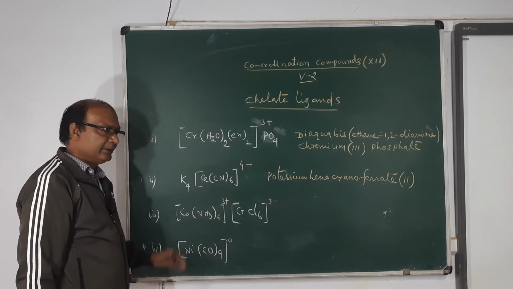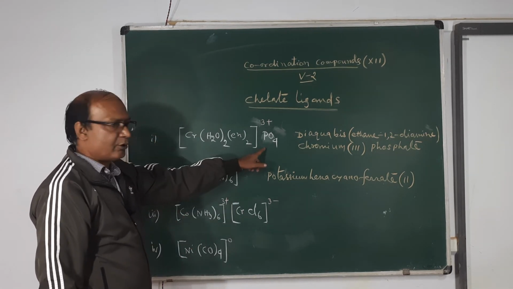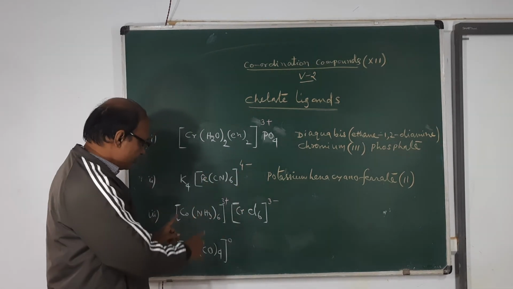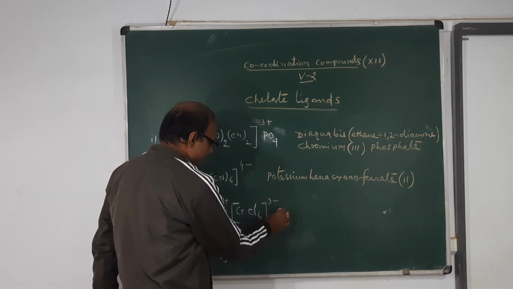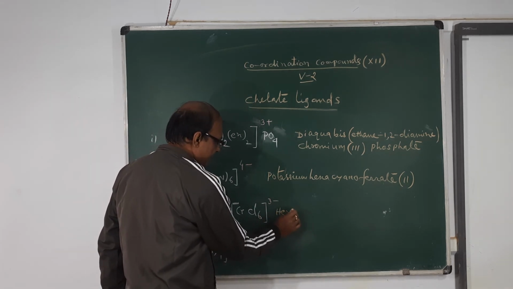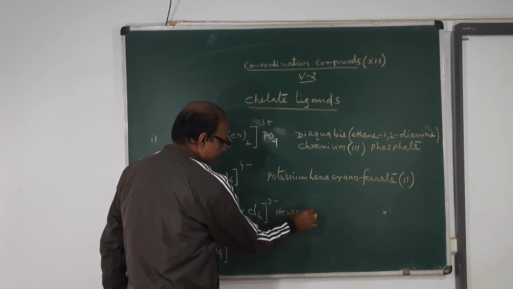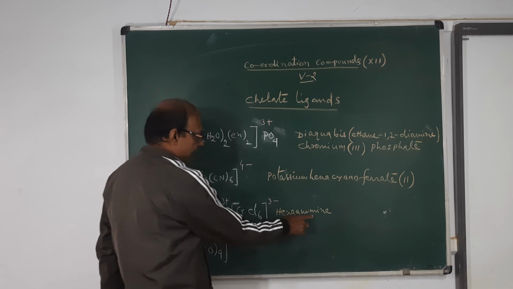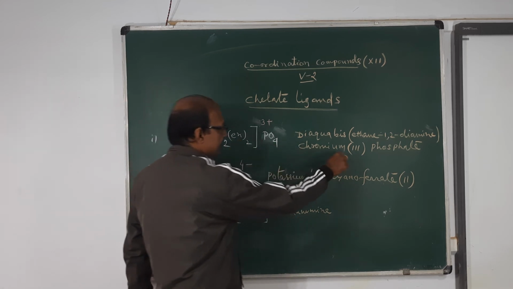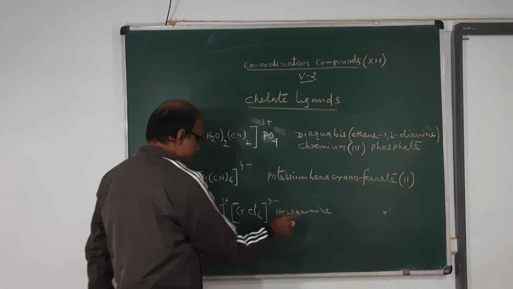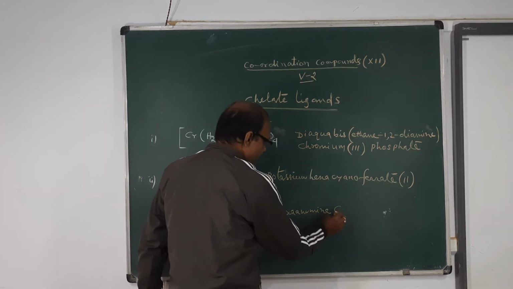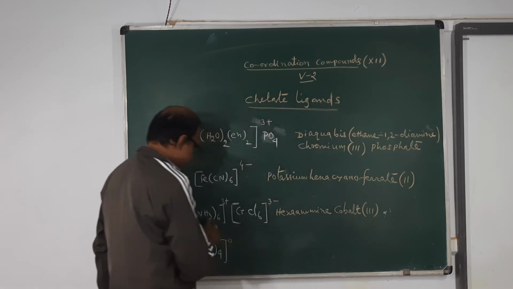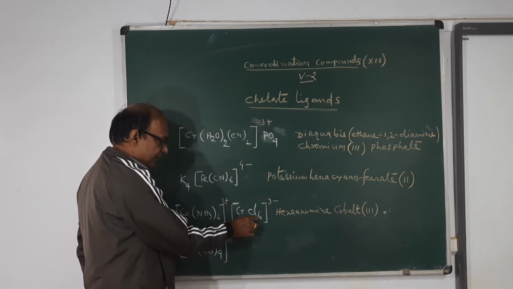Come to the third. In a similar way, the cationic part is named according to the cationic complex rule, and the anionic part according to the anionic complex rule. So it is hexaamine, first letter capital. The spelling of amine for ammonia is double M, and amine spelling in other cases is single M. So hexaamminecobalt, cobalt is the English name, cobalt(III), oxidation number 3 with 3 times 6, total negative charge 6.